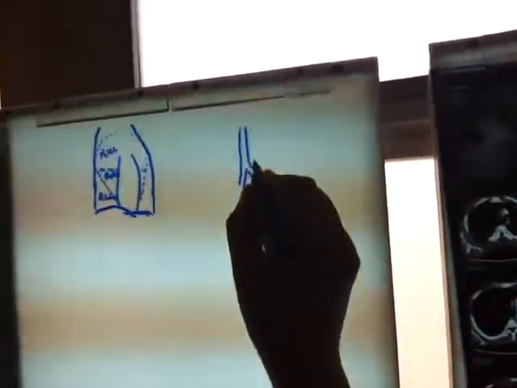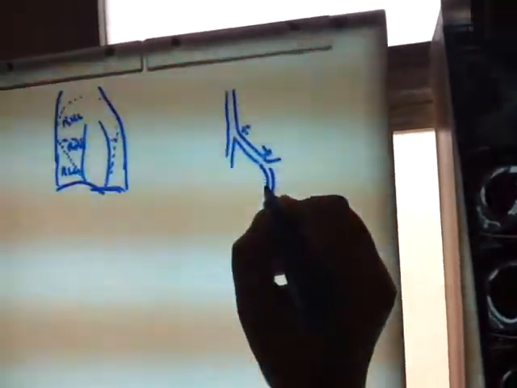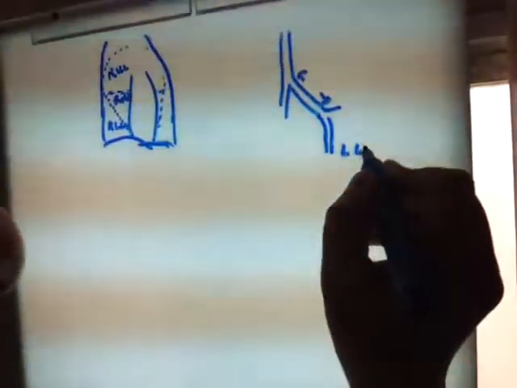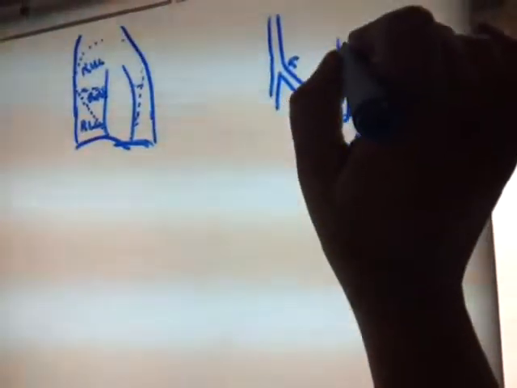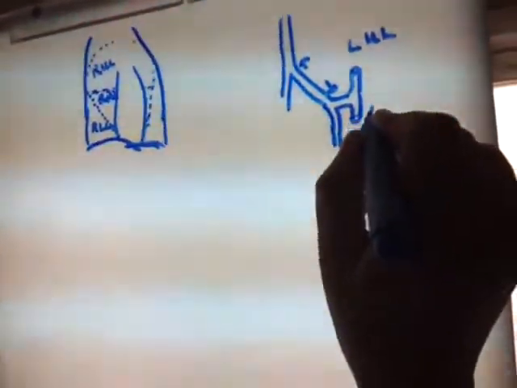The distance here is 5 centimeters. Before bifurcation, it divides into 2. This is the left lower lobe main bronchus, and this is the left upper main bronchus. It divides into 2, left upper and what? And lingula. This is the bronchus to the lingula, and this is the bronchus to the left upper lobe.